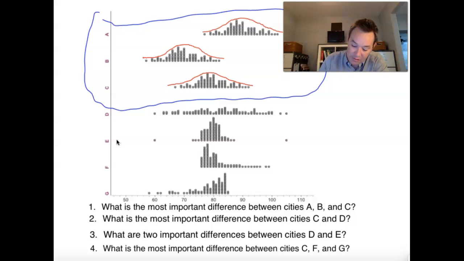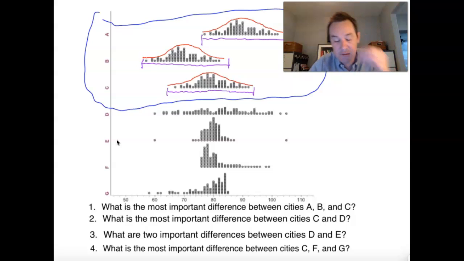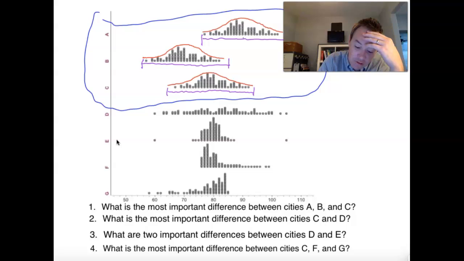So we're just looking at the rough overall shape, and they all basically have that same overall shape, roughly symmetric. Now, when we look at the spread of the distribution, just how wide they are, they're all roughly the same width. One might be slightly longer or shorter than the other, but again, we're talking in rough terms here. They look roughly similar. The one difference is their positioning. When I say positioning, I mean if we look at the middle or center of the distribution, they all roughly center in different places at different temperatures.